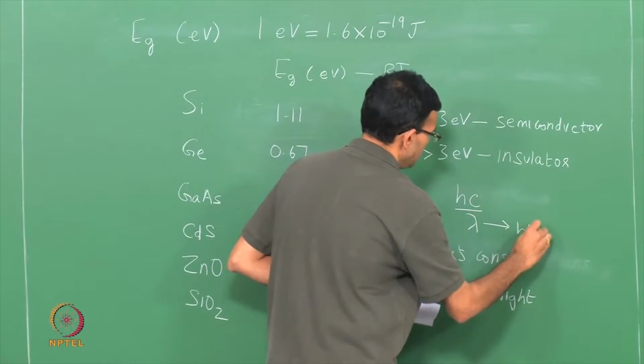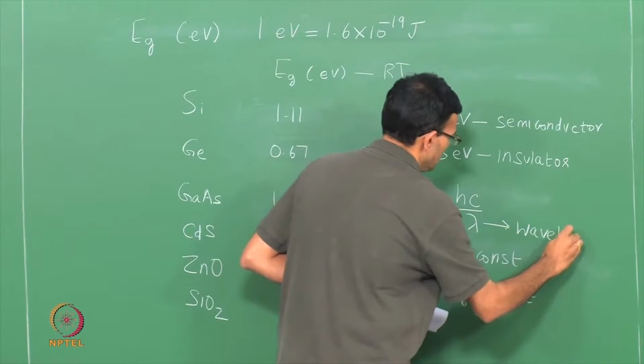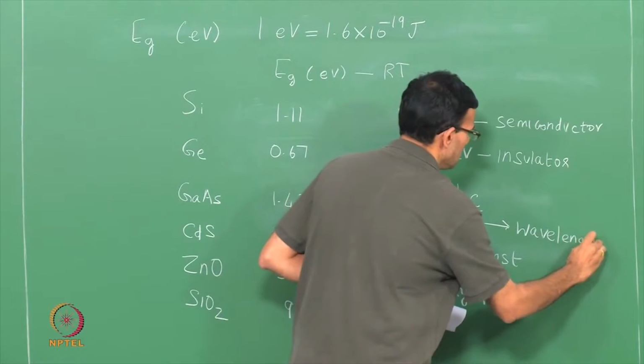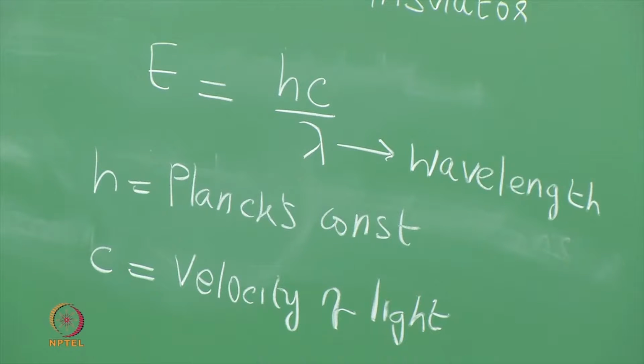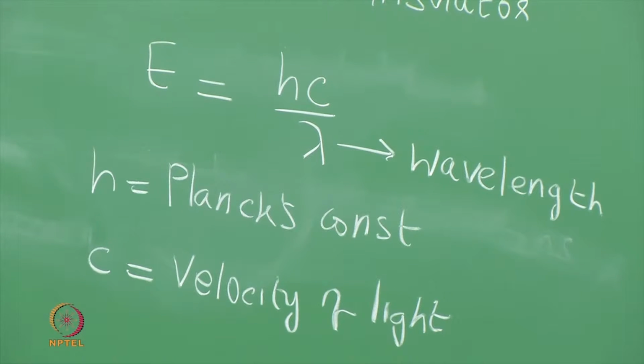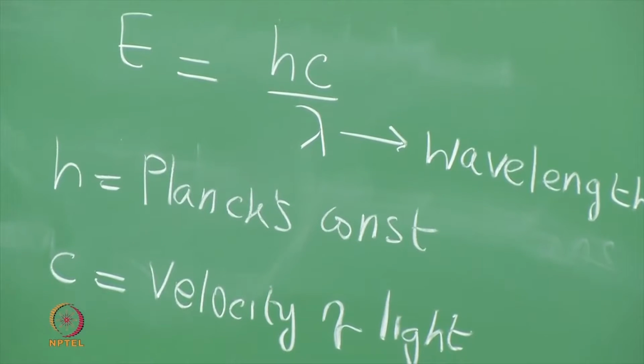So, I will write it here. If you use this, if your energy is 3 electron volts, then lambda is approximately 400 nanometers.